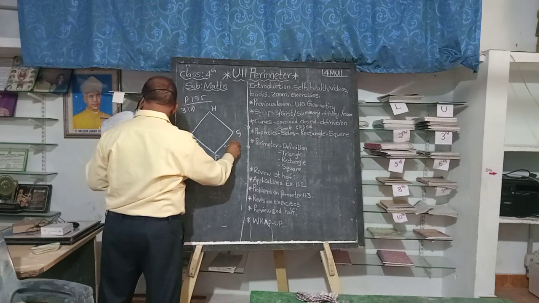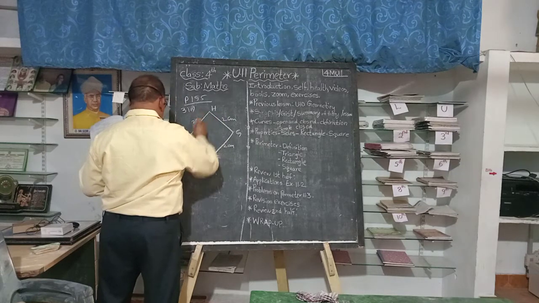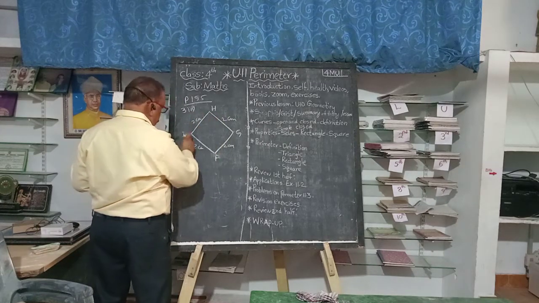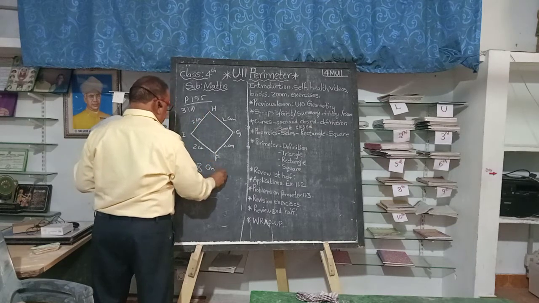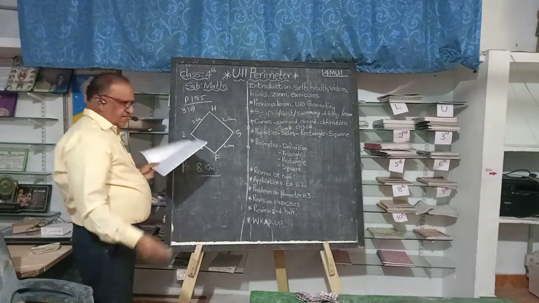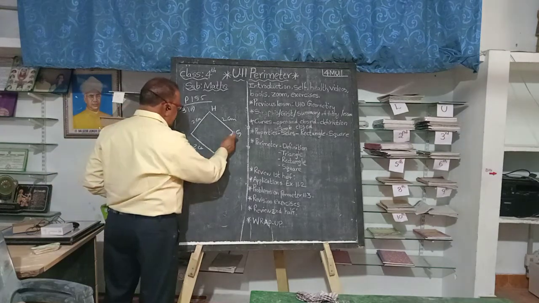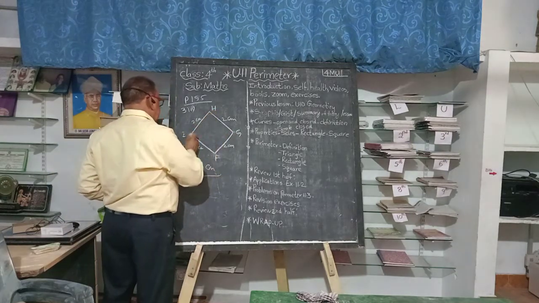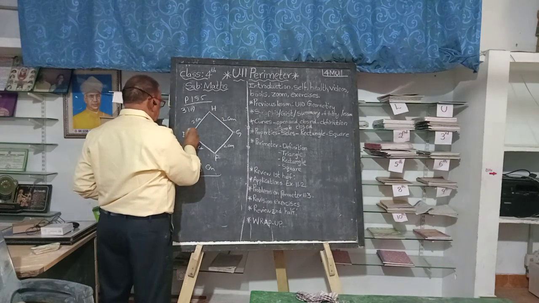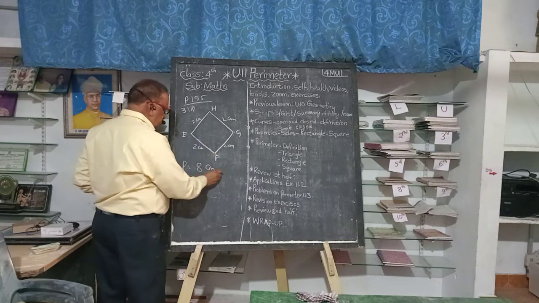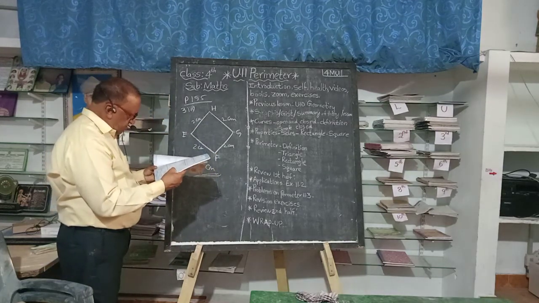This is 2 centimeters, this is also 2 centimeters, this is 2 centimeters. Therefore, perimeter is equal to 2 plus 2 plus 2 plus 2, so 8 centimeters. So that's how you find it. You can write the steps: perimeter is equal to EF plus FG plus GH plus HE. Each one is 2 centimeters, so total is 8 centimeters.